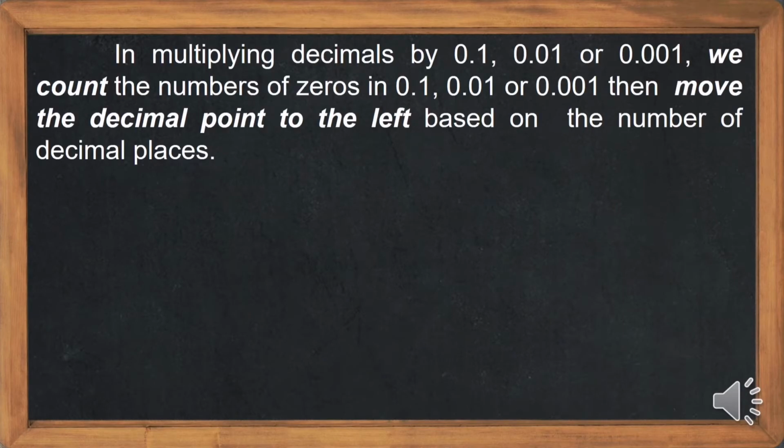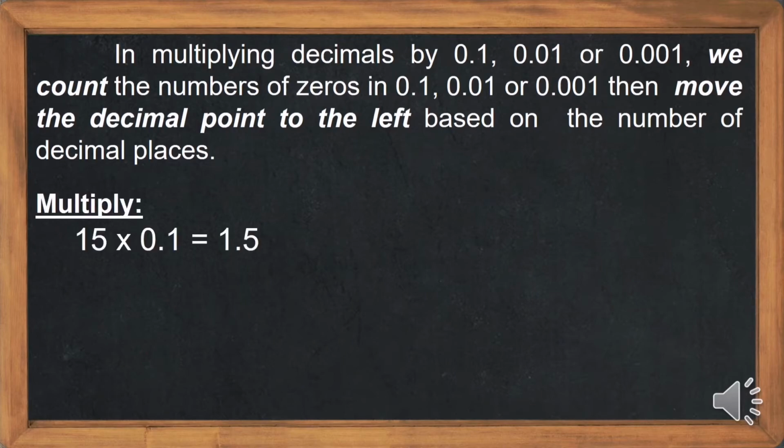In multiplying decimals by 0.1, 0.01, or 0.001, we count the number of zeros in 0.1, 0.01, or 0.001, then move the decimal point to the left based on the number of decimal places. Example, 15 times 0.1, we have 1.5, or 15 times 10 to the power of negative 1.